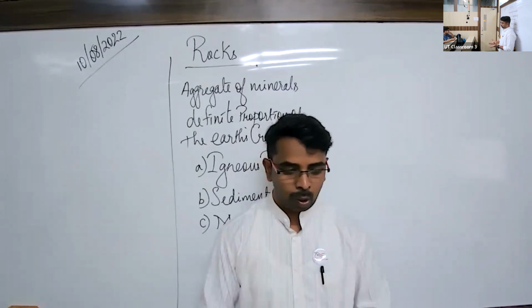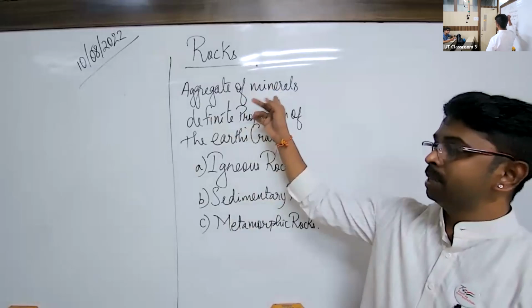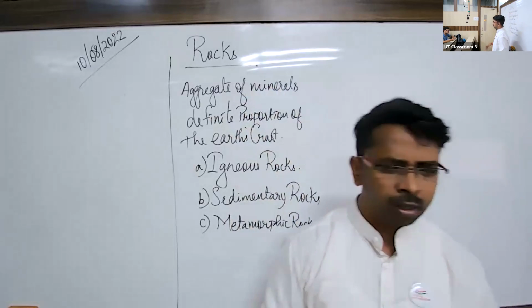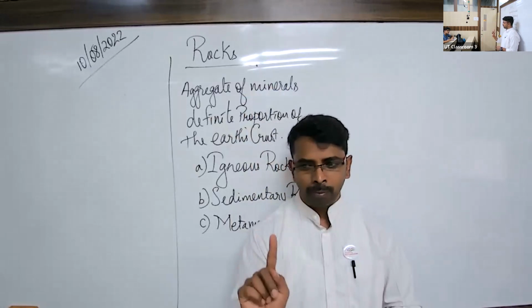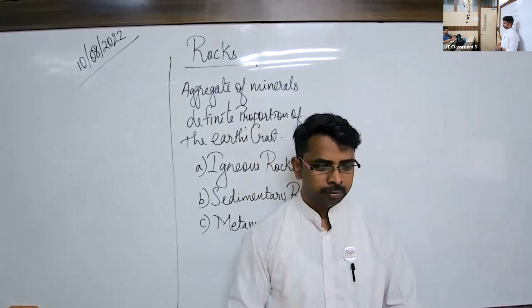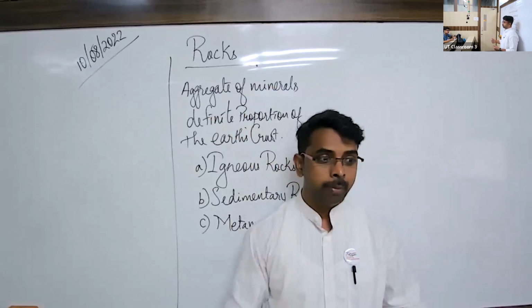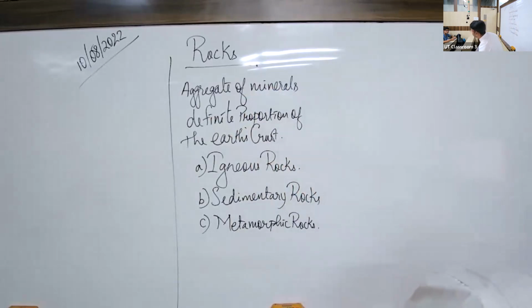So when I use the word rocks, they are generally aggregates of minerals. How do you use the word aggregate? A cluster, collection. Can I have only one mineral in one rock? No, maybe more than one, maybe more than two. In fact, I use the word parent rock.